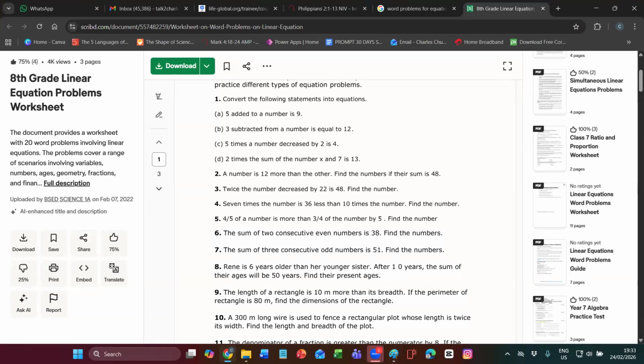All right. Let's take a look at this third one. Twice the number decreased by 22 is 48. Find the number. I think this one we can see beyond any ambiguity what it means, right?